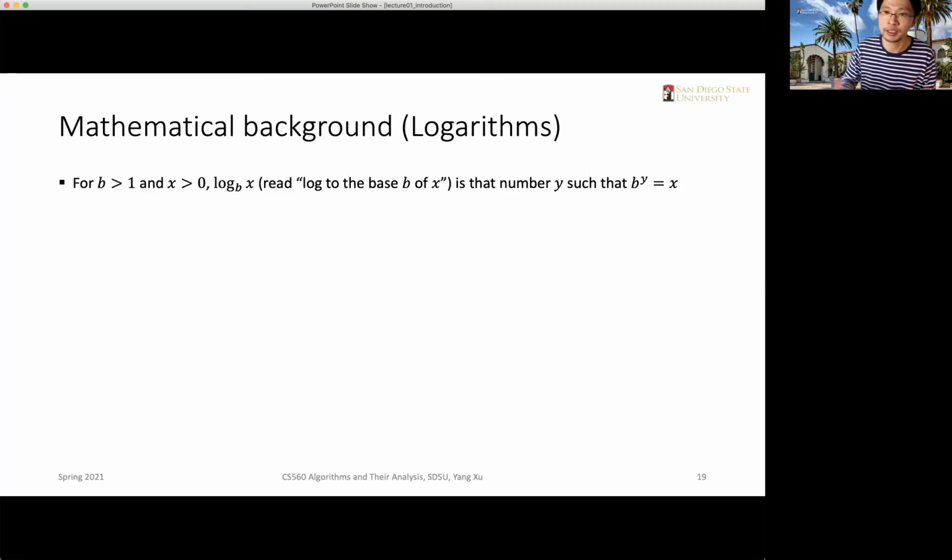It means that the cost of solving some problems will not be infinitely big when the input is very large. So that's why we will deal with a lot of logarithm functions when we discuss the efficiency of algorithms.